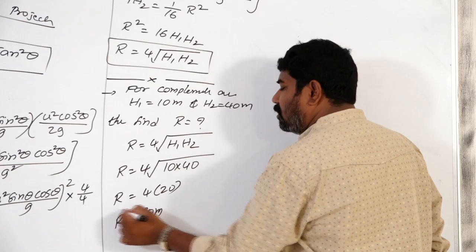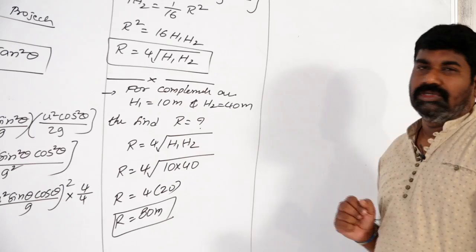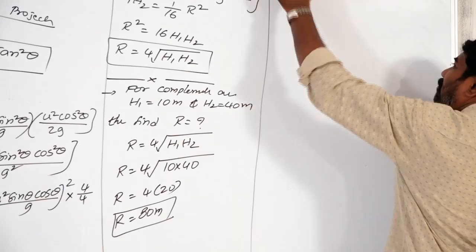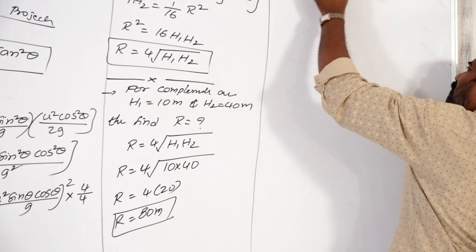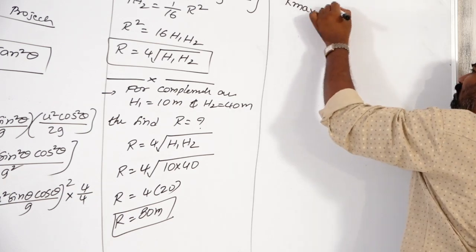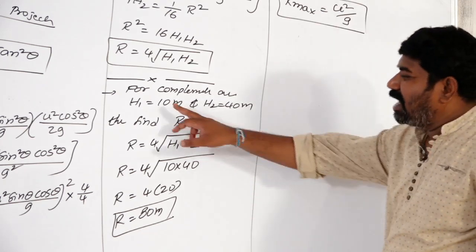In this same problem, if H1 is equal to 10 meter and H2 is equal to 40 meter, what is the maximum range? Find R max. Here we know that R max is equal to the formula u square by g. But here, for complementary angles, H1 and H2 values are given.